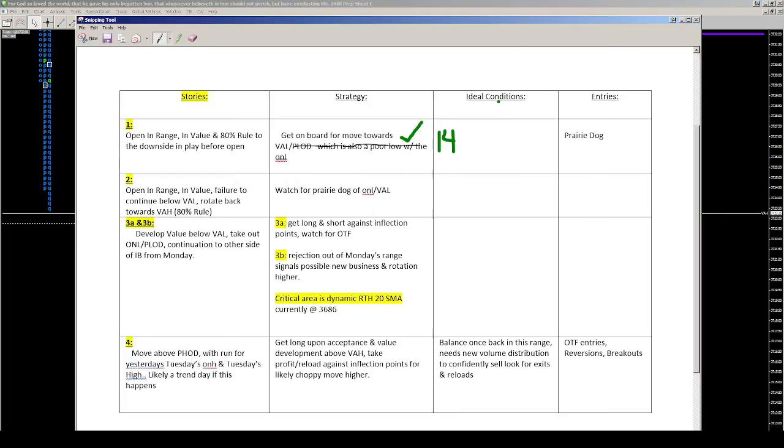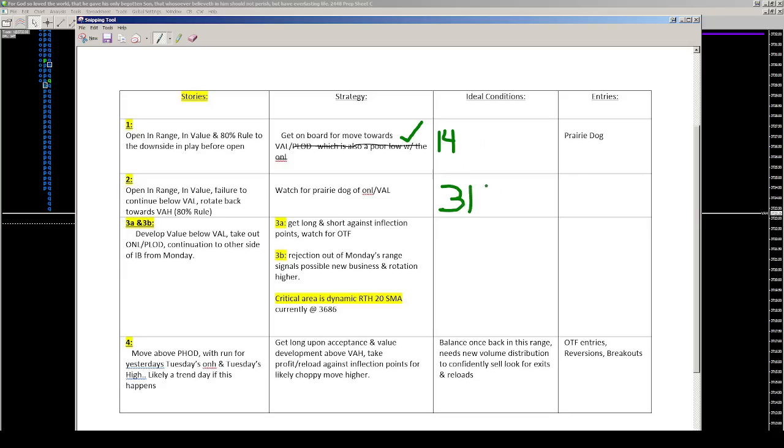Okay. Now, did I capture all of this? No. I don't always trade my own plan. It's a great thing if I did, but I'm not capable of doing that at the moment. I'm working towards it.